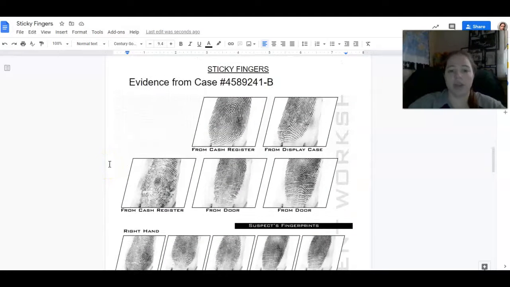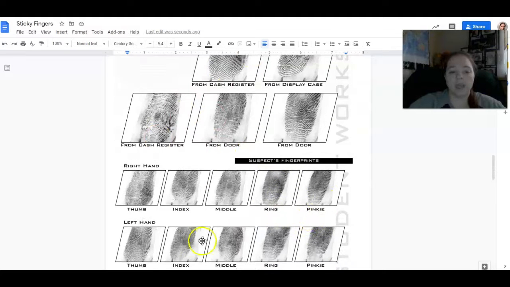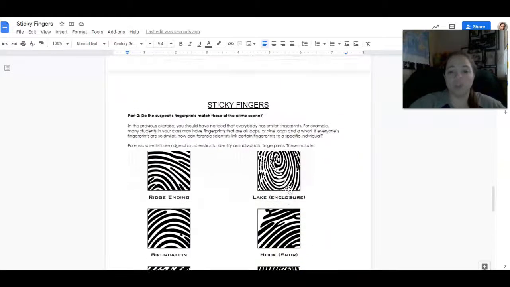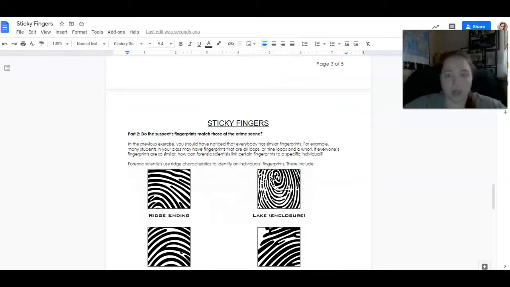All right, so now we have a case. This is the evidence from the case. You have from the cash register, display case, another cash register, from the door. So 2 from the door, 2 from the cash register. Here's your suspect's fingerprints. On this page, you have the different types of minutia, which will help in answering a question.